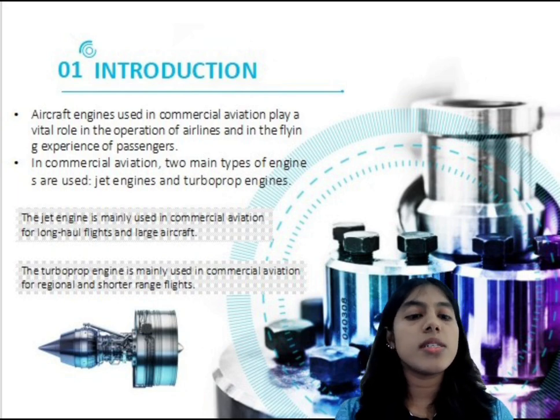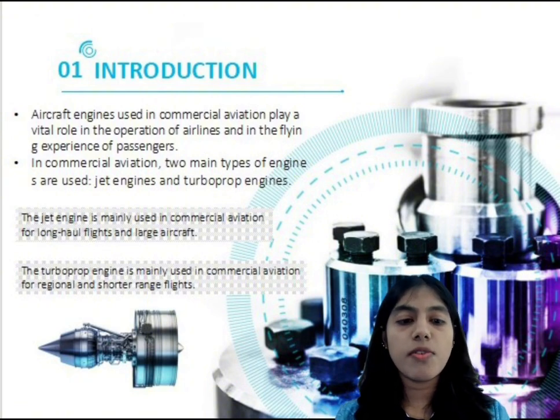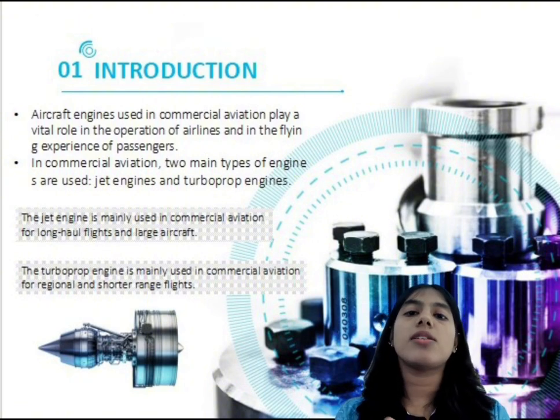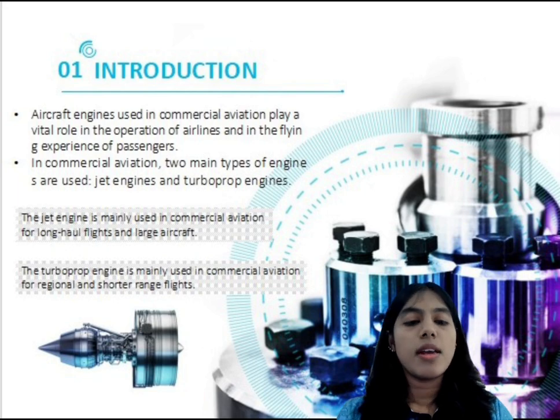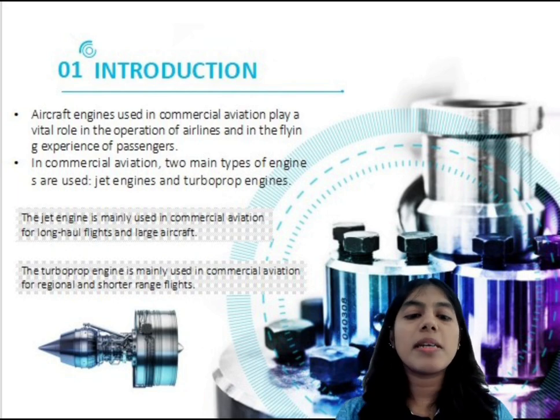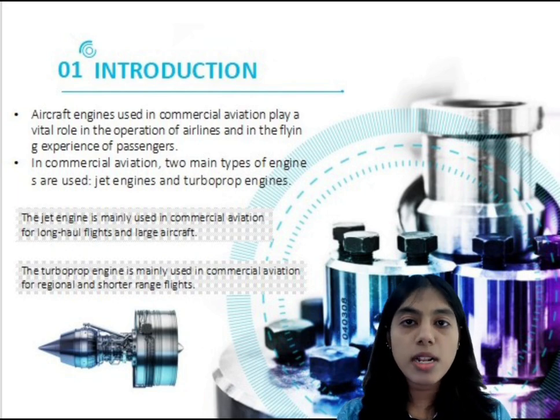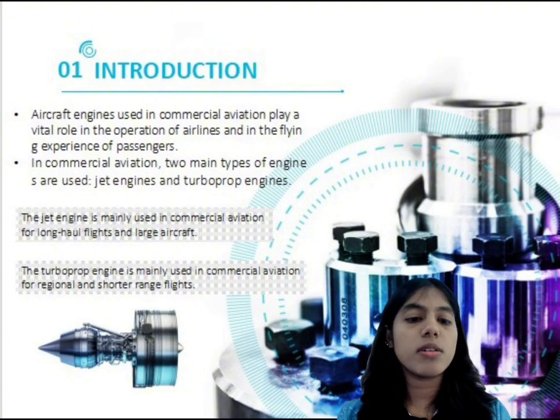The jet engine is mainly used for long-haul flights and large aircraft. The turboprop engine is mainly used especially for regional and short-range flights.